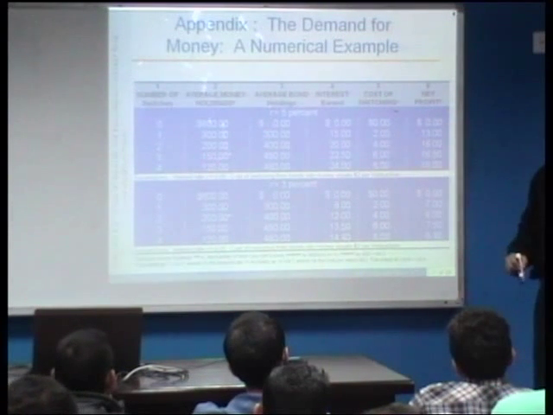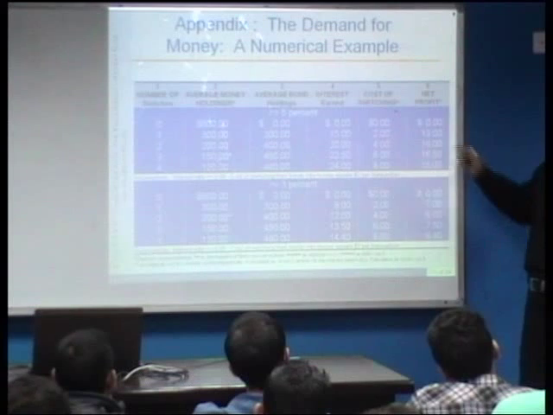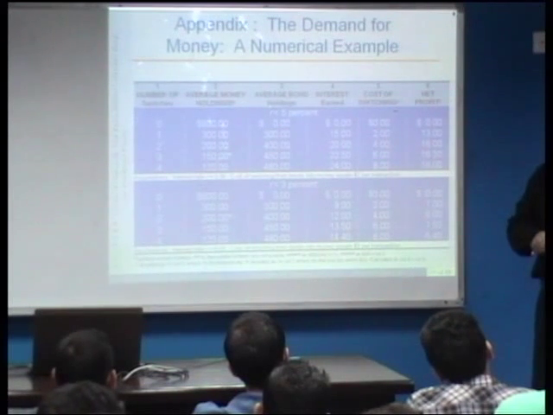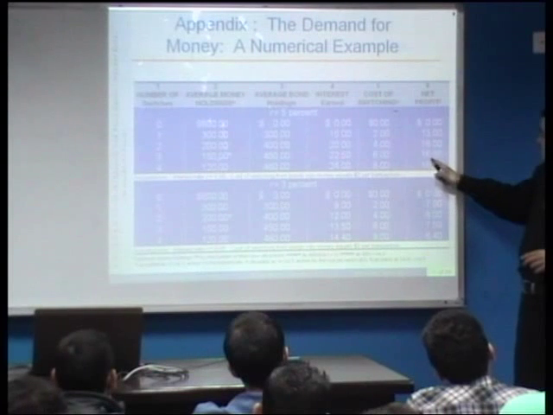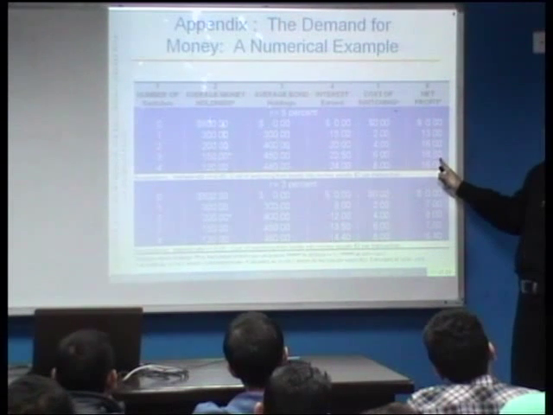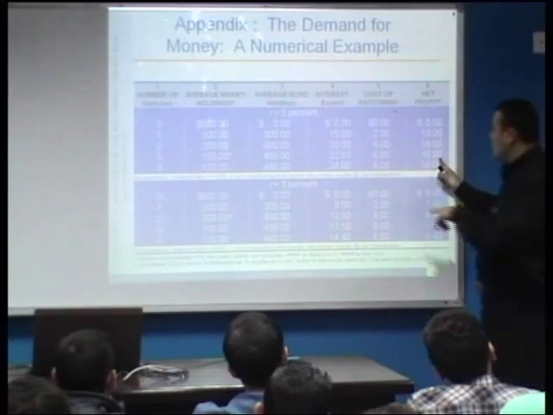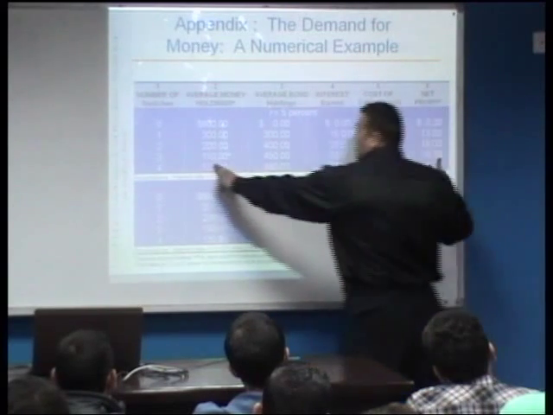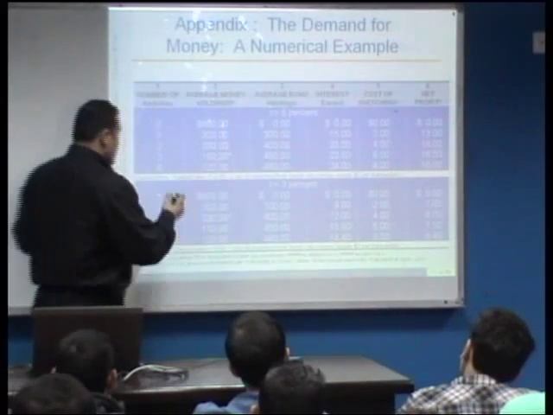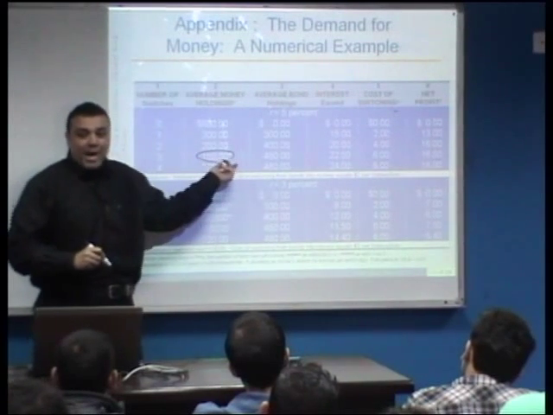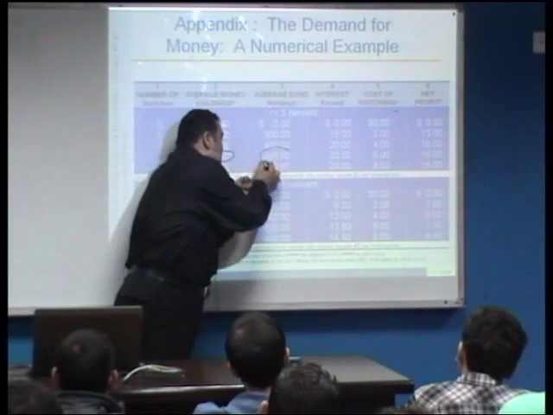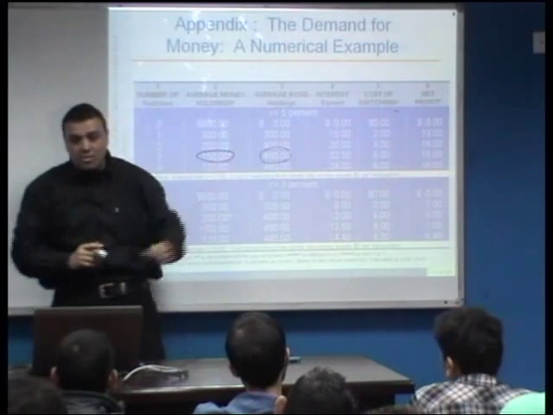So I advise, according to the information here, where is the highest net profits? 16.5. So I advise the household to hold how much? 150 as money holding or cash money, and buy bonds by 450, according to the running or the available interest rate.